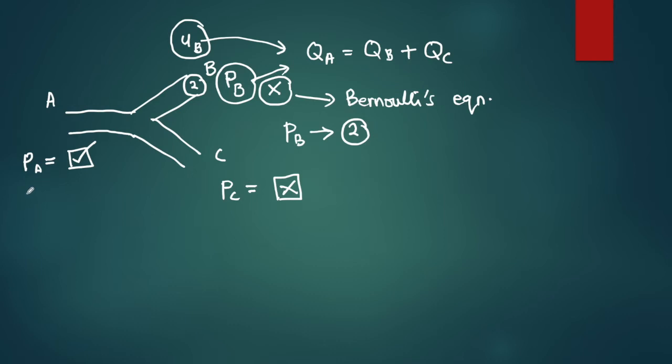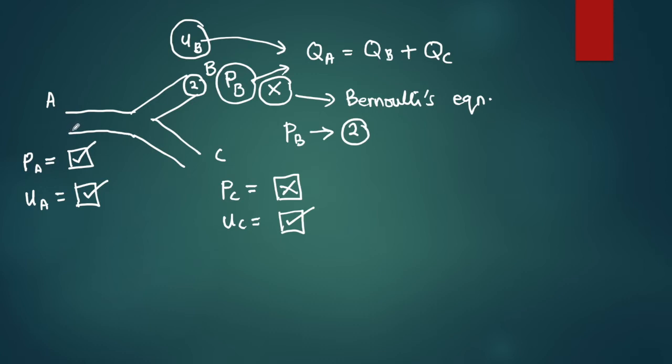And then next, you have to check UA, the velocity. Is there any information on UA? If yes, you tick yes. What about UC? From the continuity equation, we can finally find UC. Then you can tick, because UA and UC can be solved using the continuity equation.